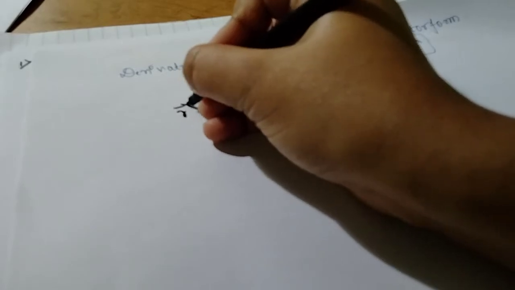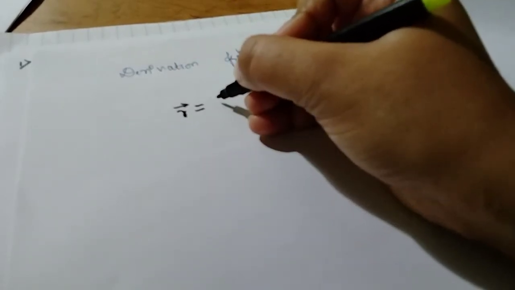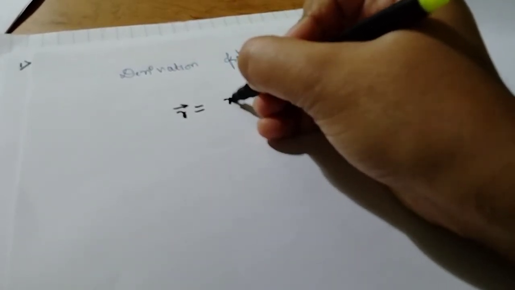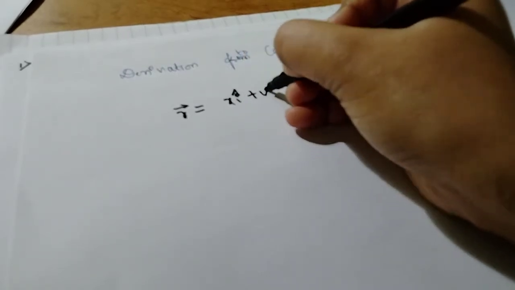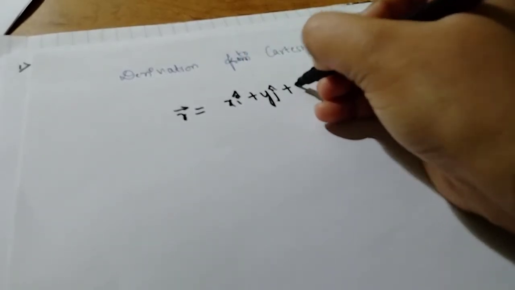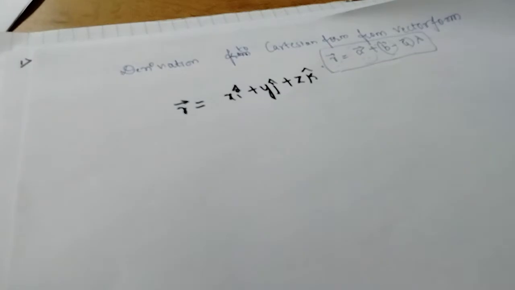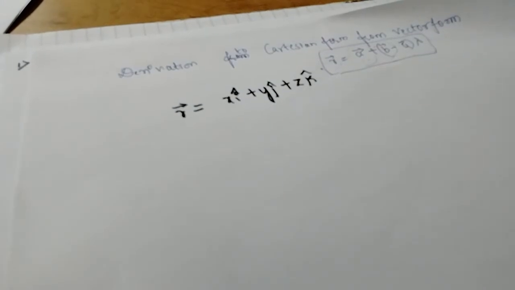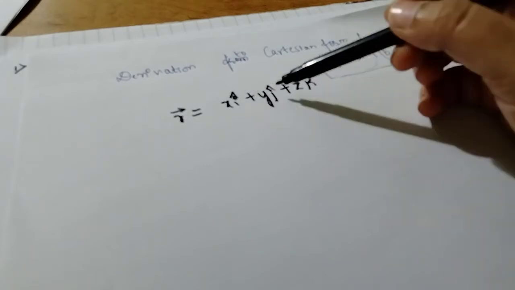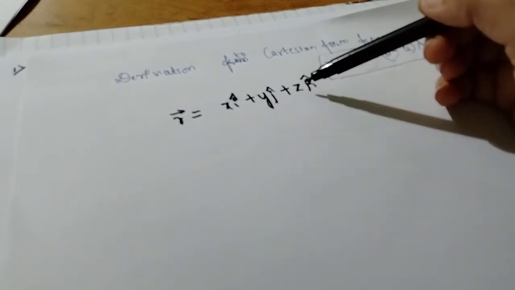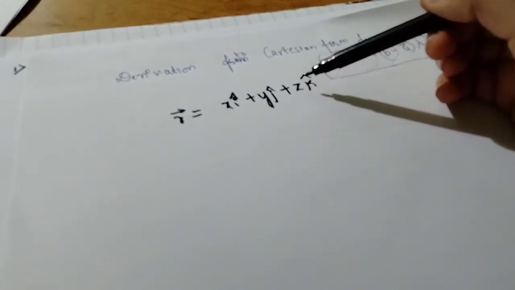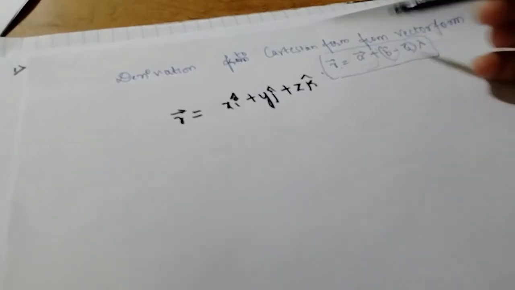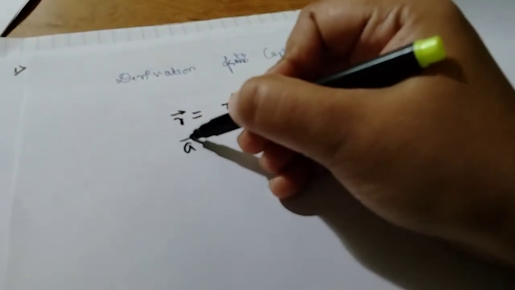Okay. So first, you all know what R is. R is equal to xi plus yj plus zk. Standard position vector, the standard form xi, yj, zk. What about A and B? A and B are two vectors with respect to which points?